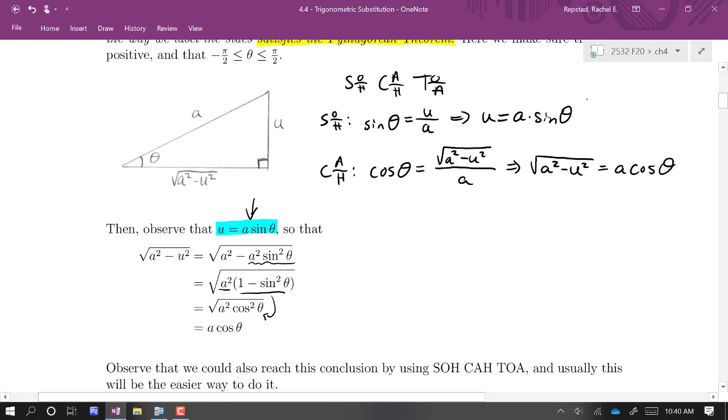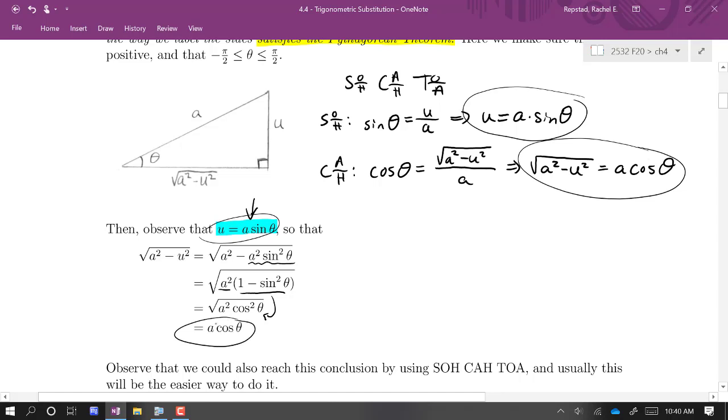Right, so we were able to get at both of these substitutions, not by just memorizing that we should let u equal a sine theta. We just use the triangle that we made. And that's generally going to be our approach. This is going to be the easiest, simplest way to think about this.